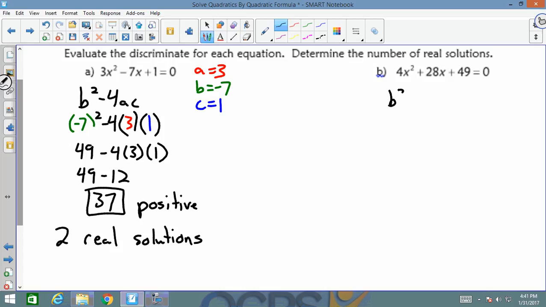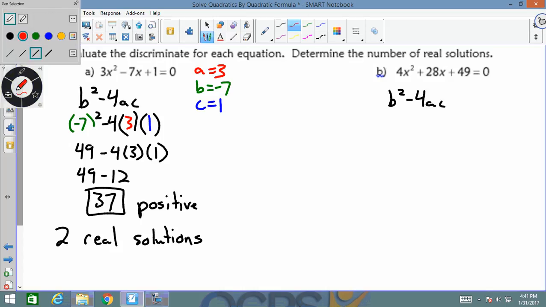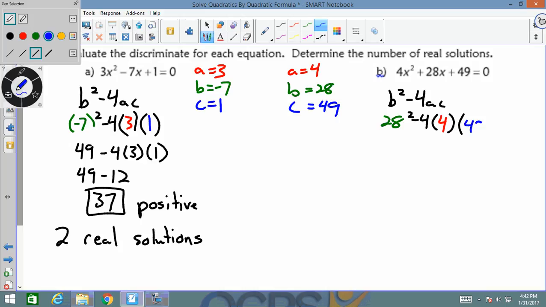Okay, so it's b squared minus 4ac. You can identify a. A is 4. B is 28. And c is 49. Okay, so it's going to be 28 squared minus 4 times my a, which is 4, times my c, which is 49.